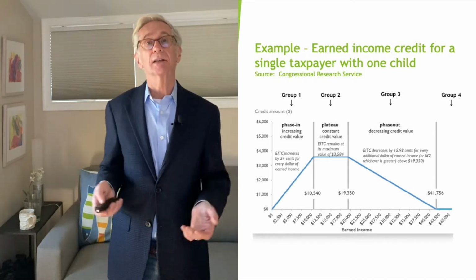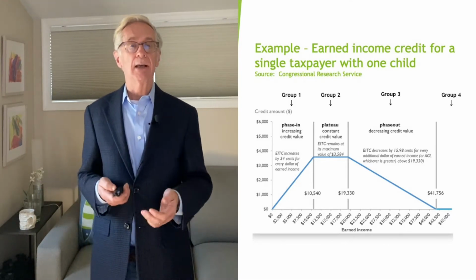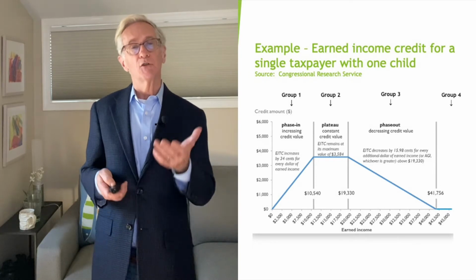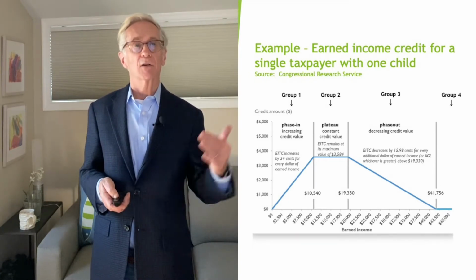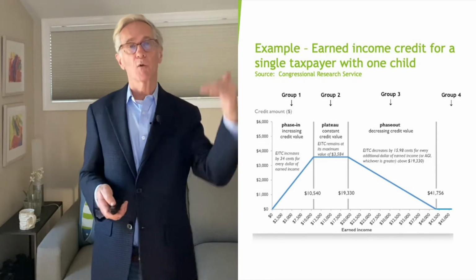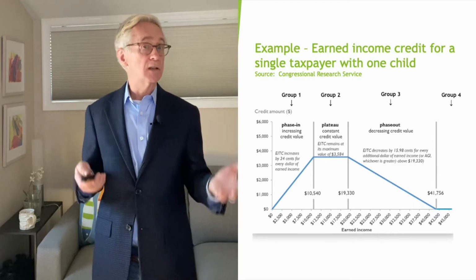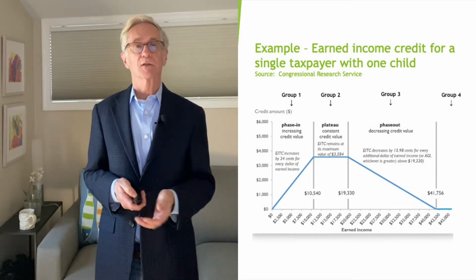And then finally you get to group 4, and they make too much money, and they don't get any earned income credit. So as you can see from here, it's not simple. It's not like there's just one line going up, or just one line going across, or one line going down. You have these groups, and you're treated differently within each group. So that's what makes it so complicated.